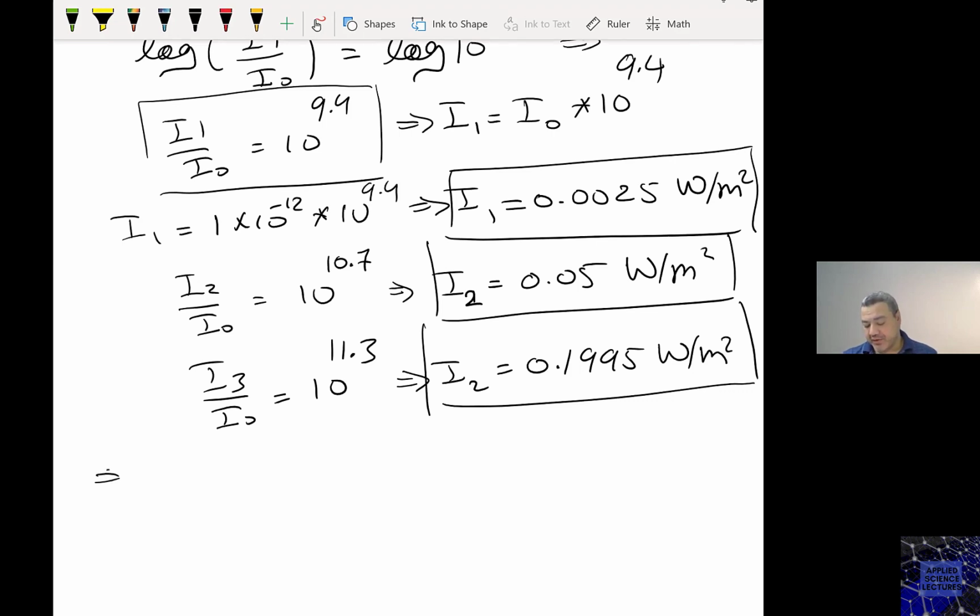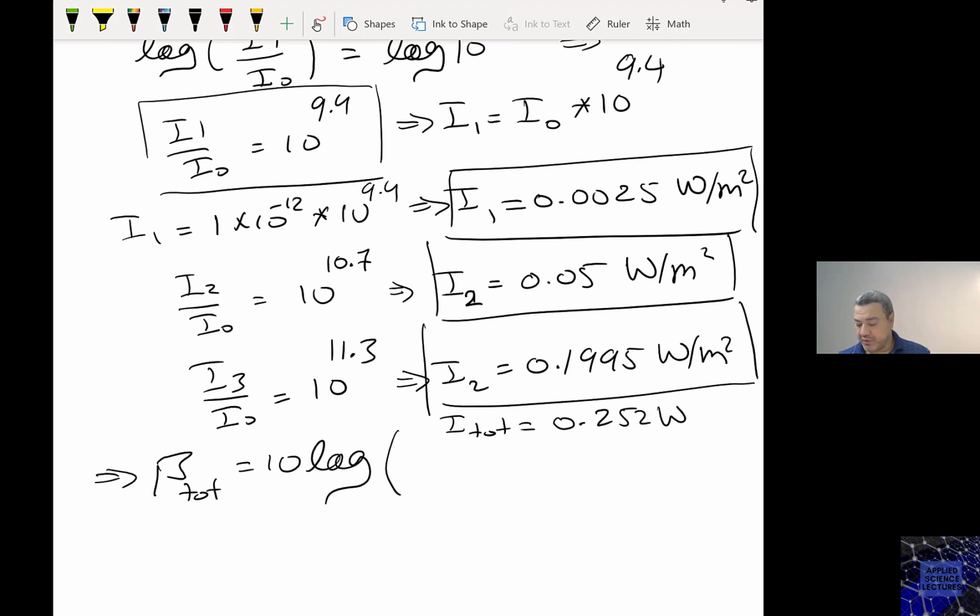Then if I want to calculate now the beta total, it will be 10 logarithm of, if you add those ones, let me put here I tot equals 0.252 watts per meter squared.